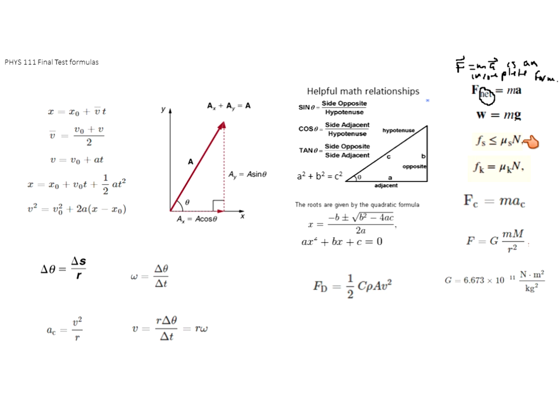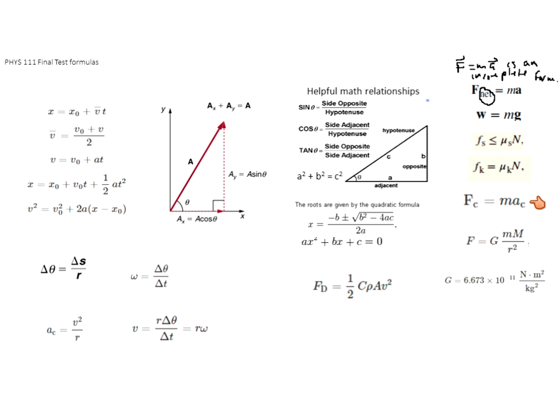If I push on it a medium amount, the frictional force is a medium amount. Pretty soon I can push it hard enough, and that is the maximum static friction. So that's where we have F sub s equals mu times the normal force. And once it's moving, when the two surfaces are moving with respect to each other, then it becomes kinetic friction.